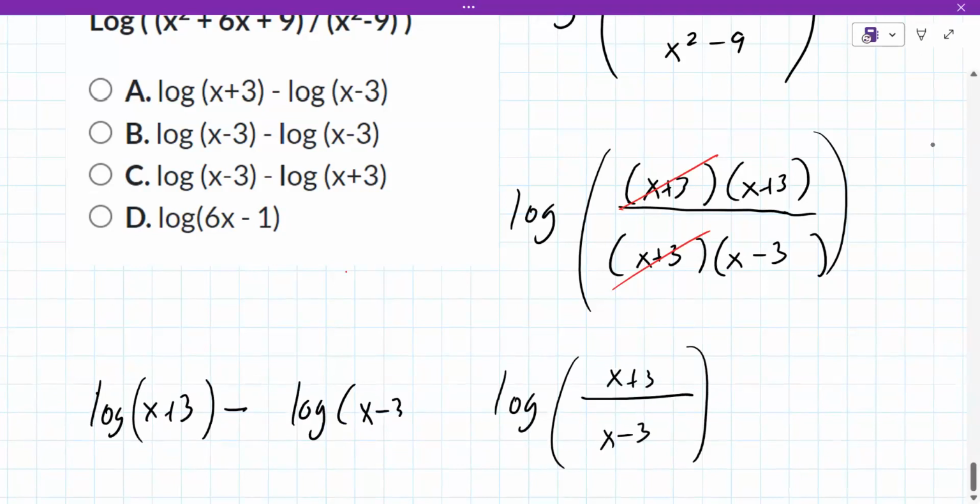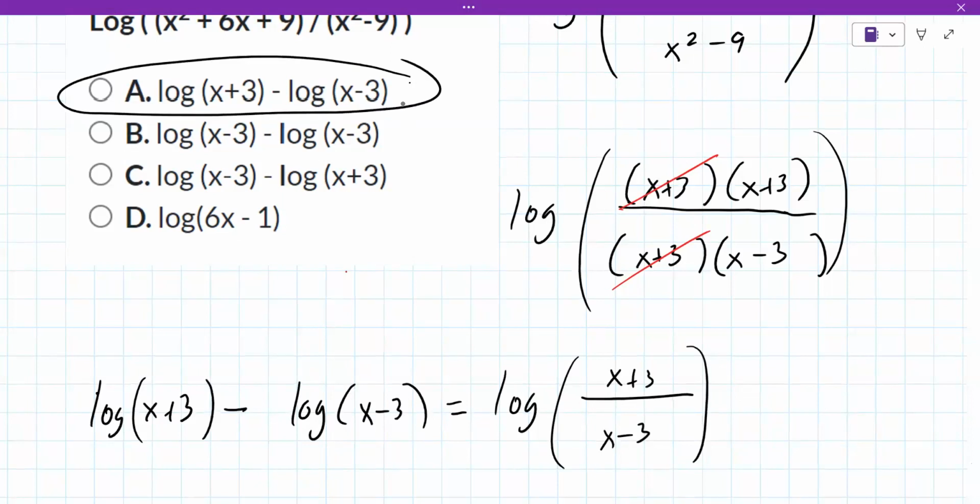The most common way to write it, from left to right, is that a difference becomes a quotient, but a quotient always goes backwards into a difference. One of these matches the answer space. It would be A. We love A.